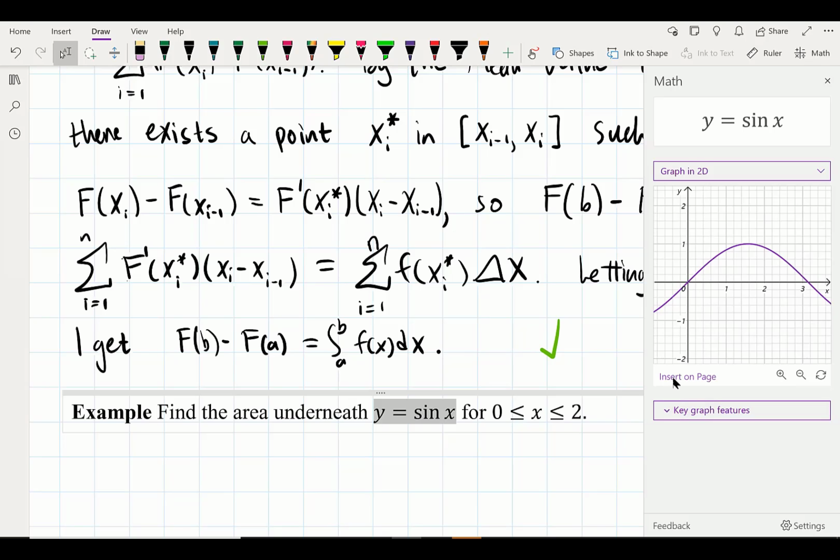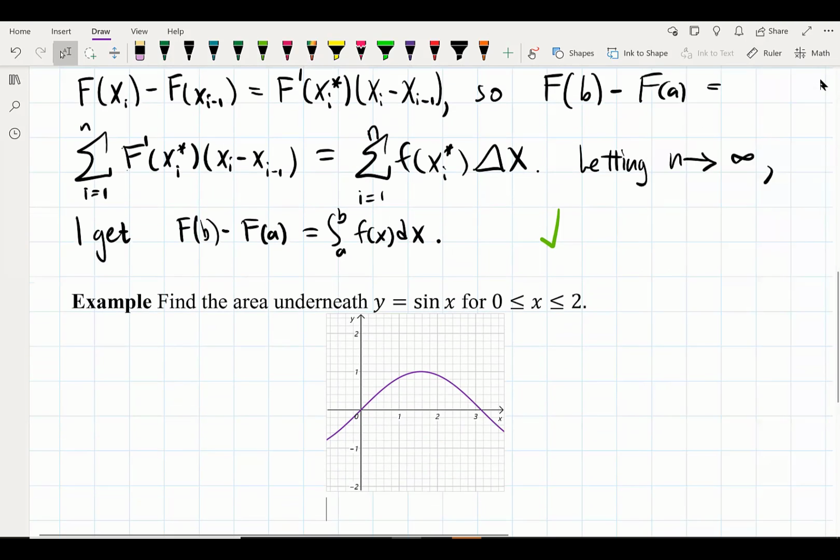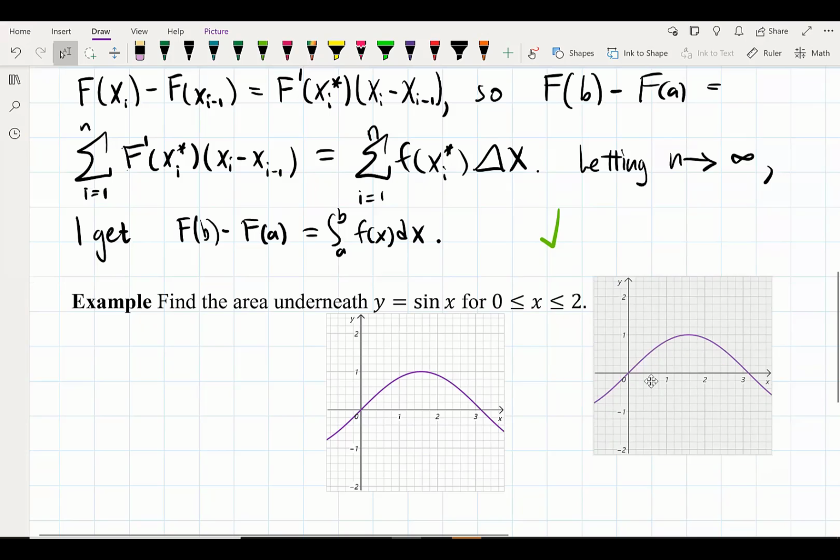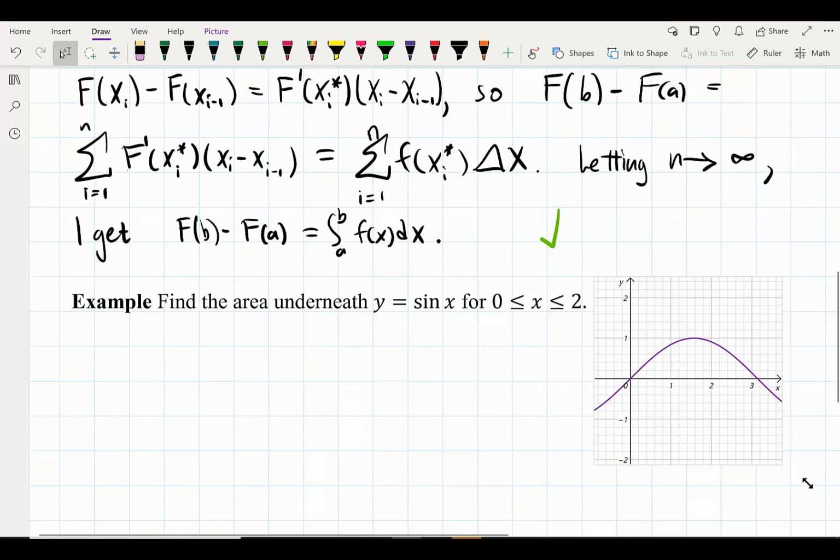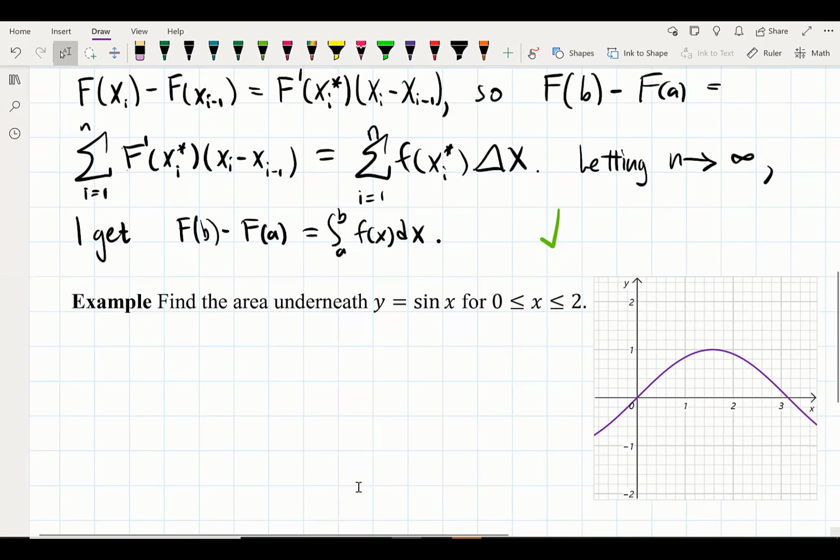You can more or less see the region we're interested in right there, and there's 2 right there. So let me just shade in the region. Basically, we're asking for the area of this region right here. Maybe I should call it A for the moment.